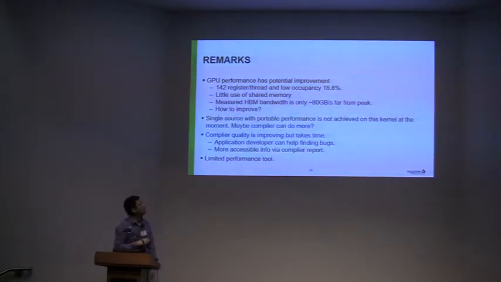So I think we can still work on these aspects to improve the performance. And single source with portable performance is not achieved at the moment on this kernel. I hope the compiler can do some loop reordering, this kind of thing. Maybe it's too challenging; we will see.